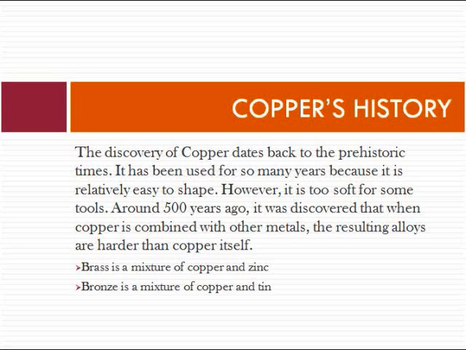However, it is too soft for some tools. Around 500 years ago, it was discovered that when copper is combined with other metals, the resulting alloys are harder than copper itself, such as brass, which is a mixture of copper and zinc, and bronze, which is a mixture of copper and tin.